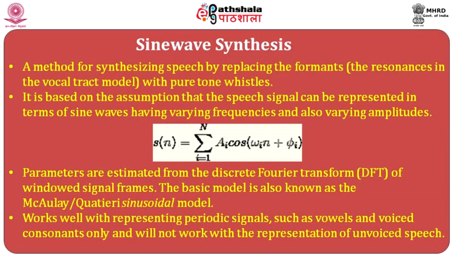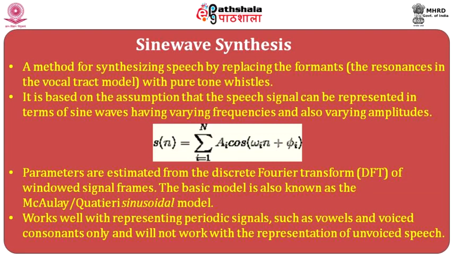of sinusoids. You can see the formula for the sinusoids, which is taken as the sum of the cos function, where a_i is the amplitude, omega_i is the frequency, and phi_i is the phase of each of the sinusoid components. These parameters are estimated from the discrete Fourier transformation of windowed signal frames.